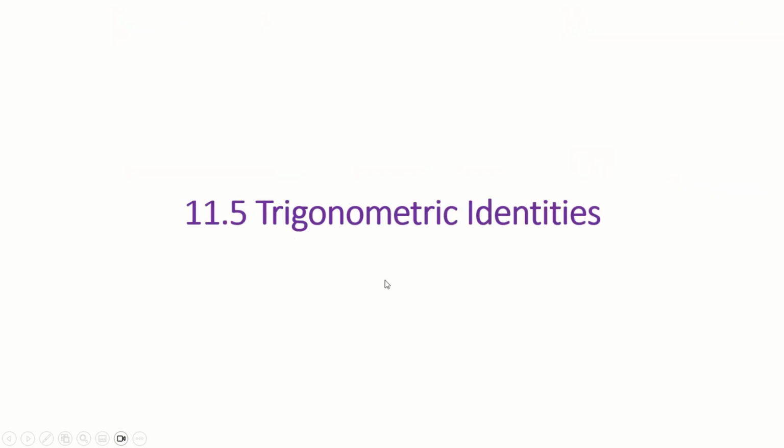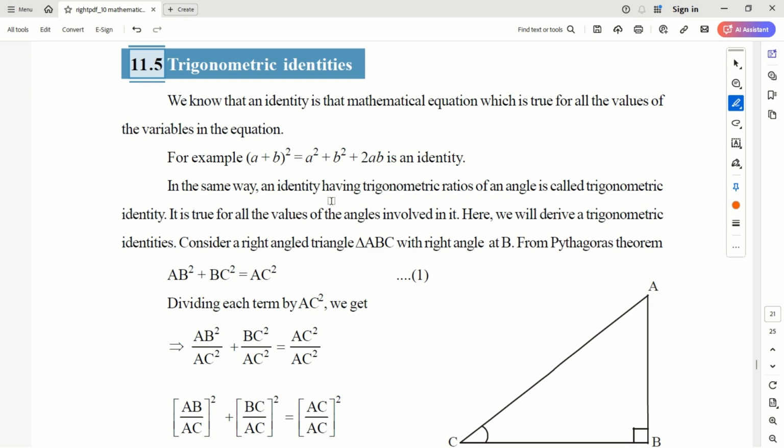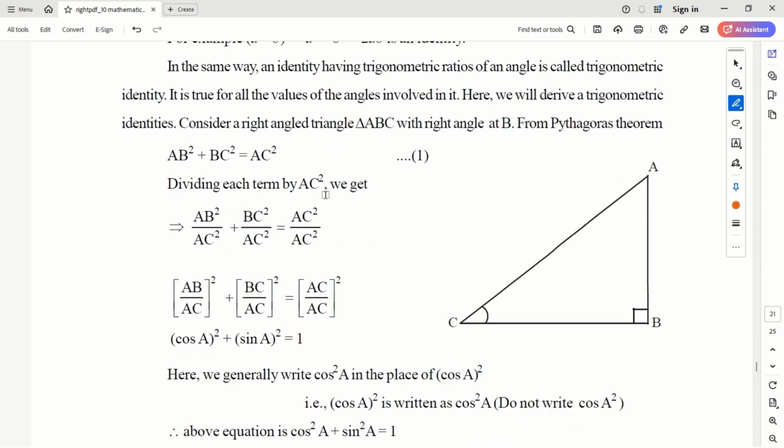Trigonometric identities. Let's do this. Here we derive some of the most important trigonometric equations. We know this is a right angle triangle, so AB square plus BC square equals AC square.